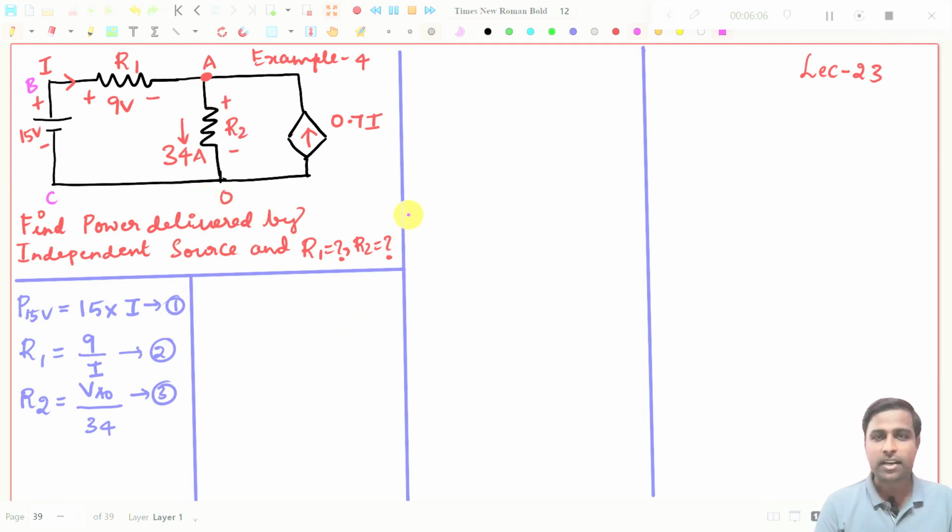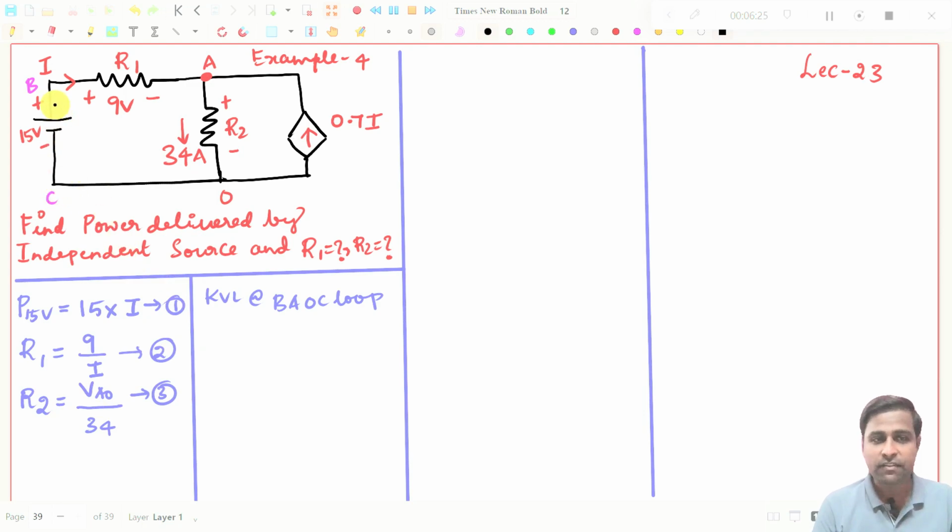So now I will write KVL at the B, A, O, C loop. If I write KVL, what will come?